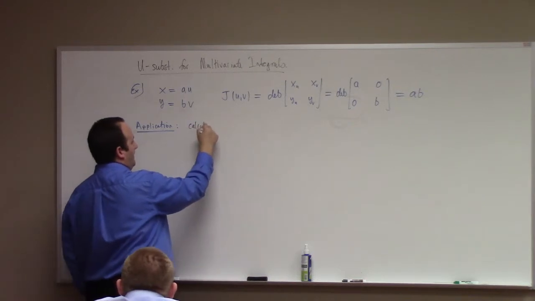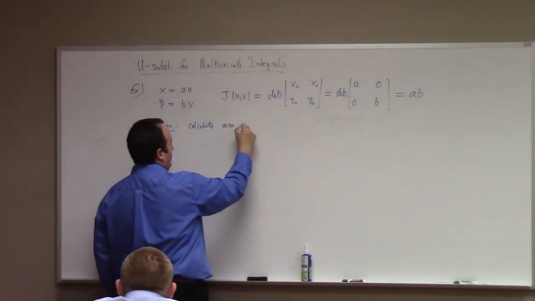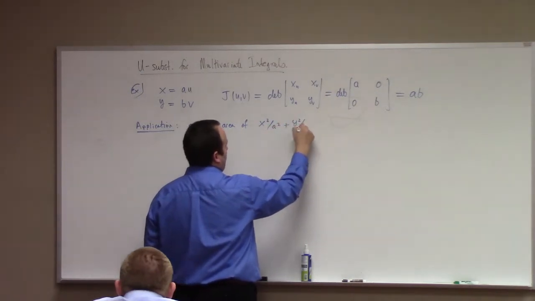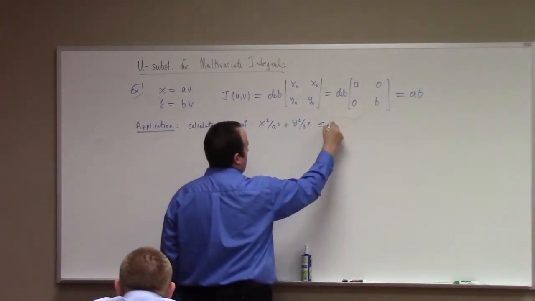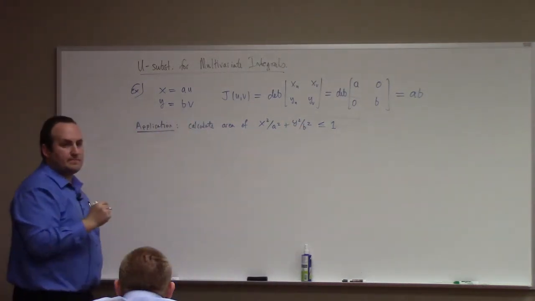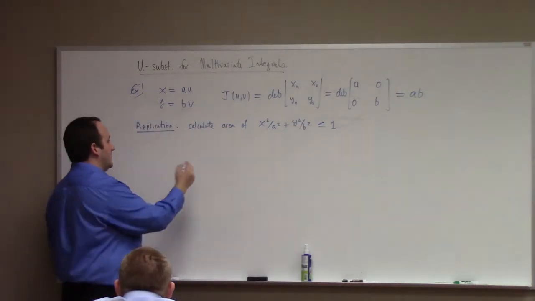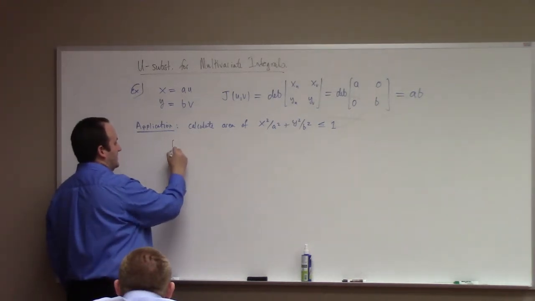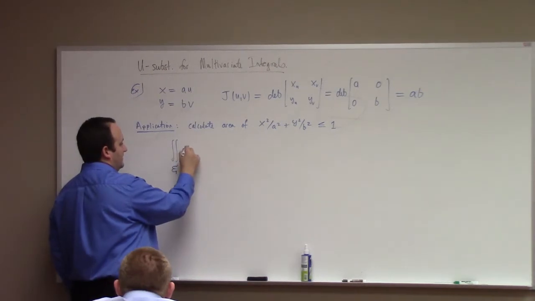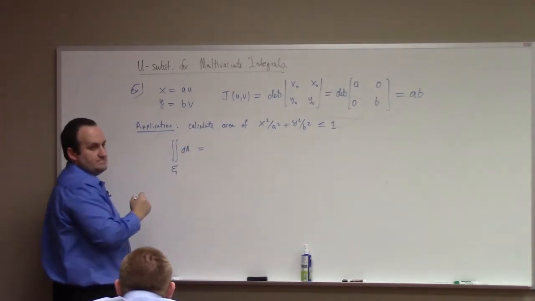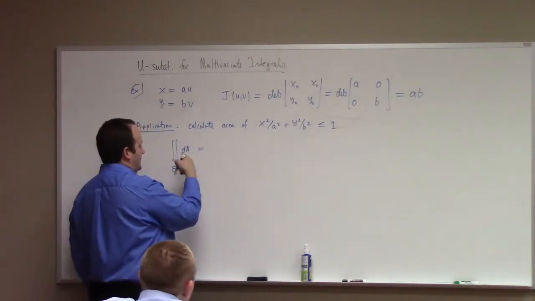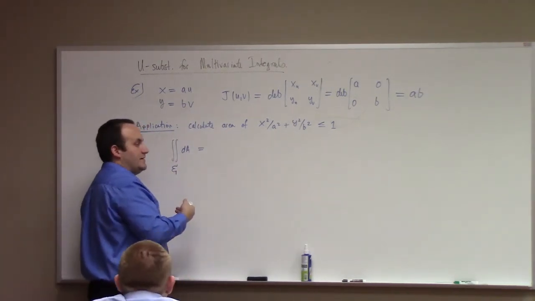Application: calculate the area of x squared over a squared plus y squared over b squared less than or equal to 1. In other words, calculate the area of an ellipse. To do that, we calculate the double integral of the ellipse, dA. Of course, dA we start by thinking of as dx dy.